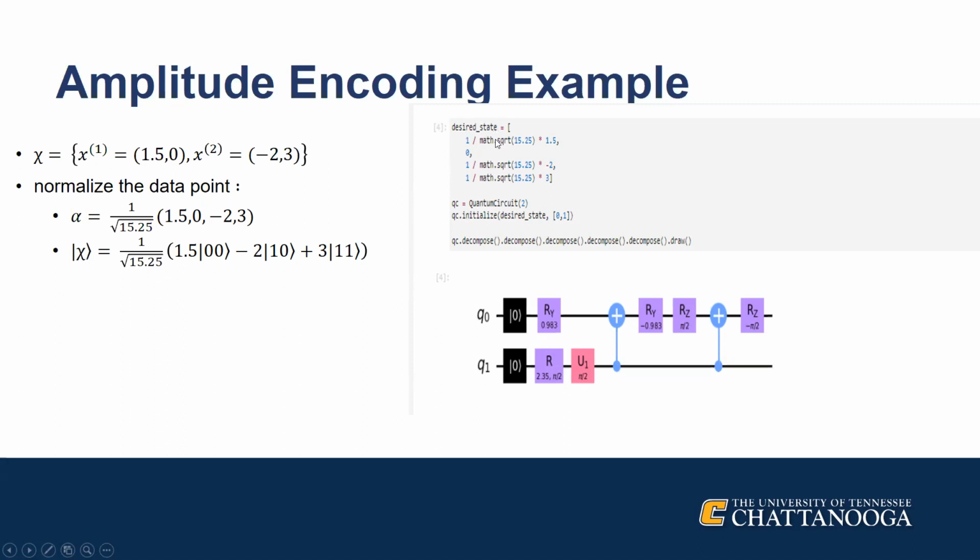So we have here, this is for 0, because this is 0 multiplied by 1.5, and the same thing here, 1 over the square root of 15.25, and the same for the 2 and 3. And again, we can see here we have the rotation value.